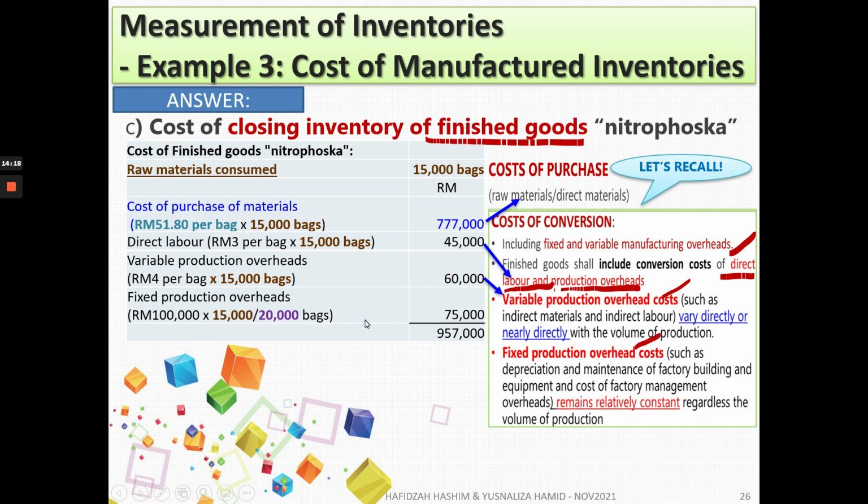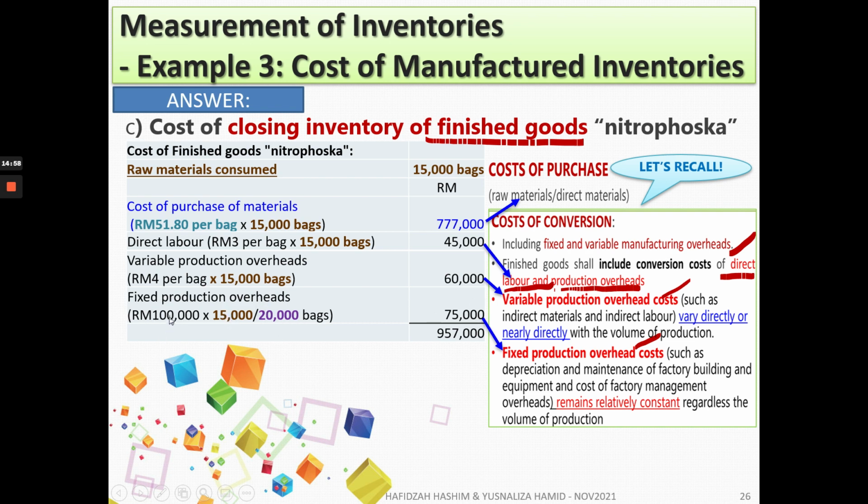Next is the fixed production overhead. That should also be included, as that was also the guidance of MFRS 102. The fixed production overhead was actually 100,000 in total, and now we need to apportion it to know what is the amount attributable to the raw materials consumed. So the raw material consumed was 15,000 divided by 20,000. Remember, this 20,000 is the raw material purchased, but only 15,000 were consumed in the production or the manufacturing process.